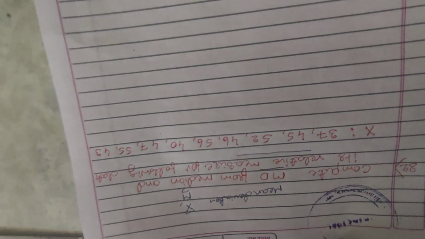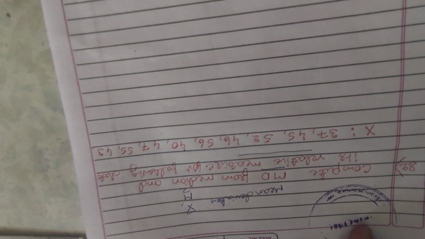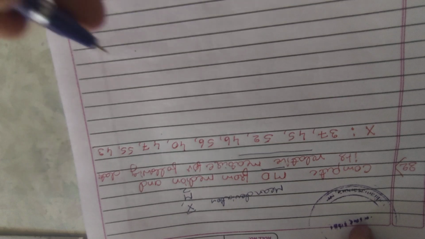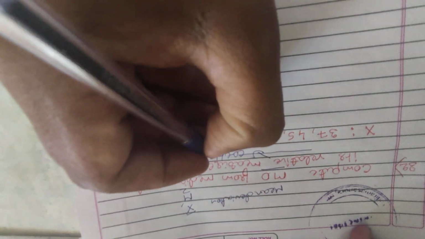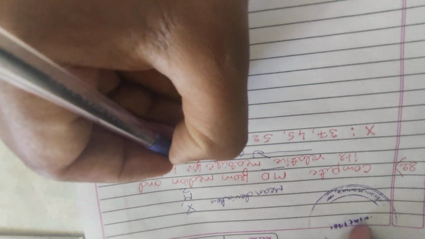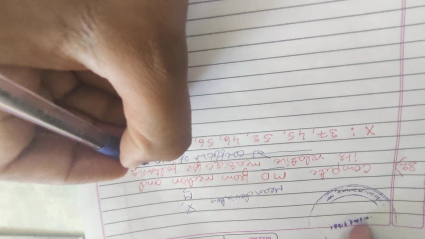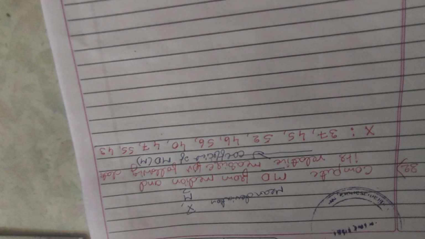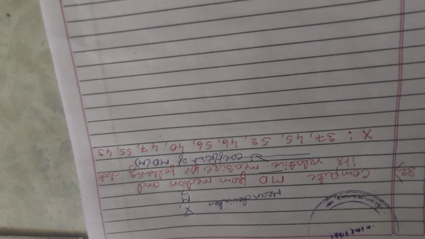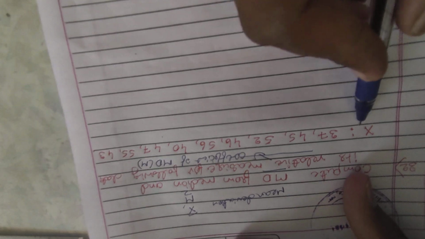Relative measure means coefficient of mean deviation. First we have to find the mean deviation from median, and also the coefficient of mean deviation from median.